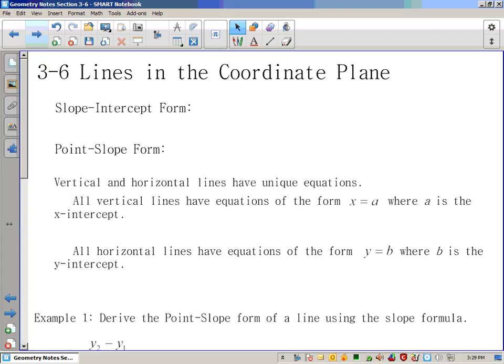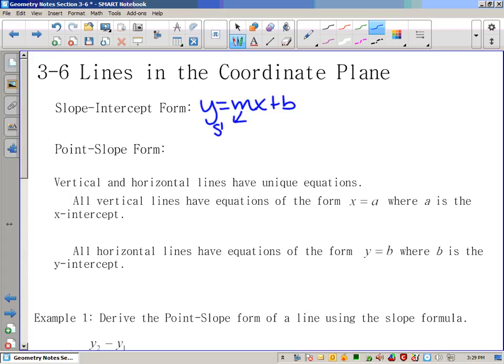So writing an equation in slope-intercept form, we've actually already talked about this a little bit so far, is in y equals mx plus b, where m is the slope and b is the y-intercept. Point slope form is probably something you're less familiar with. Maybe some of you still remember this, but probably less of you do.